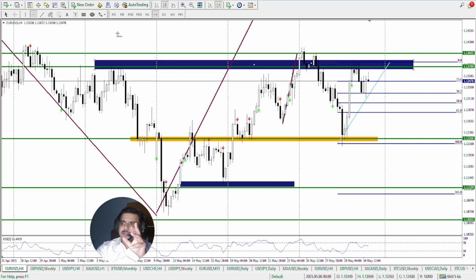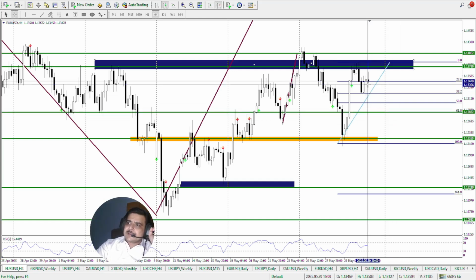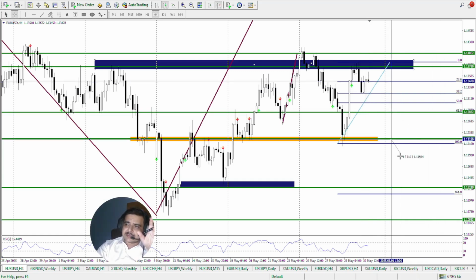I'm trying to highlight this area a little bit. This comes at around 1.12822, but keep in mind that in the upcoming week it can definitely come back down. Okay, and right here we will again be looking for some buying signals, maybe if we can get it right here.